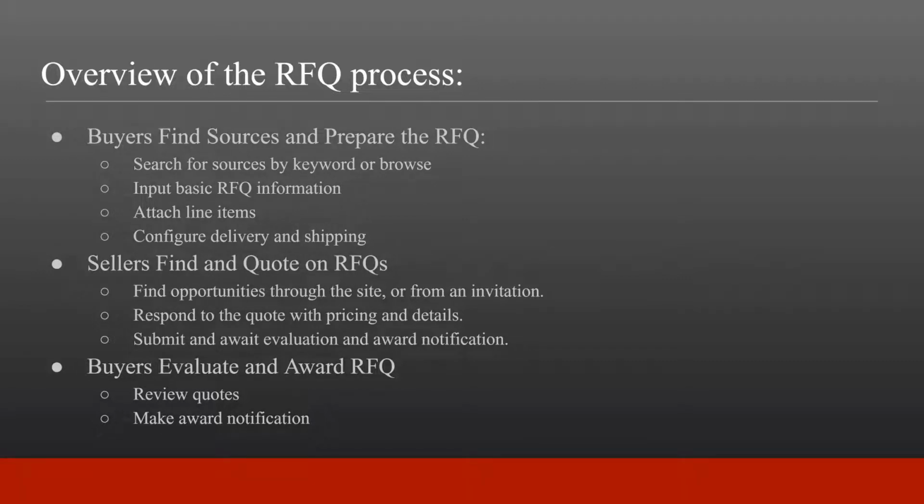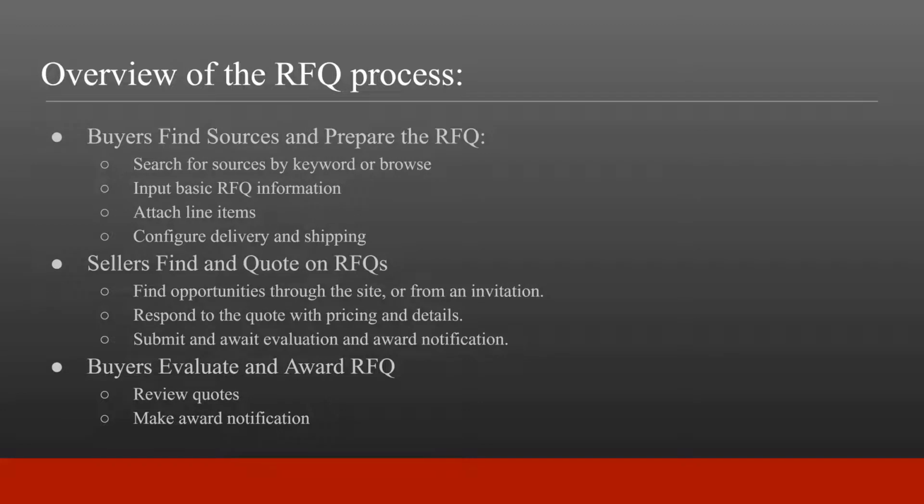Buyers will find sources and prepare the RFQ. They'll go into eBuy, and depending on which program they want to post the RFQ under, they can browse, they can do a keyword search, they can look by the entirety of the program. That ultimately drills them down to companies whom they can research, they can look at their price lists, they can look at their text files.